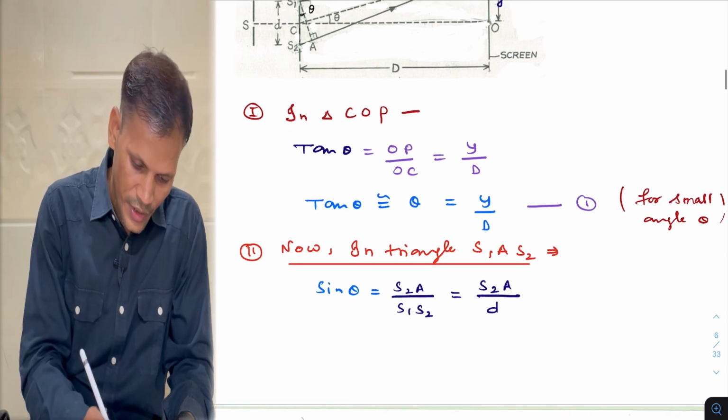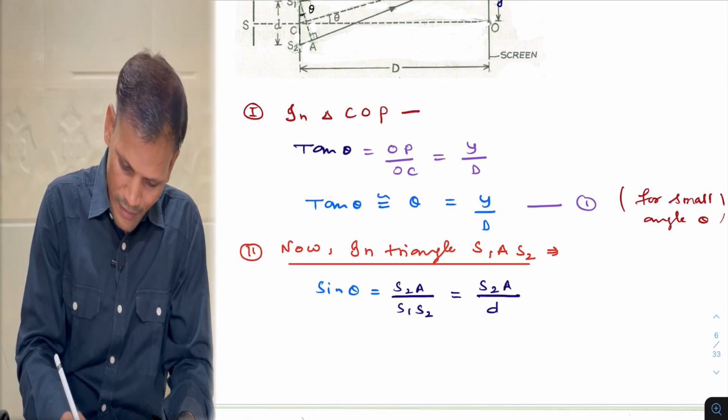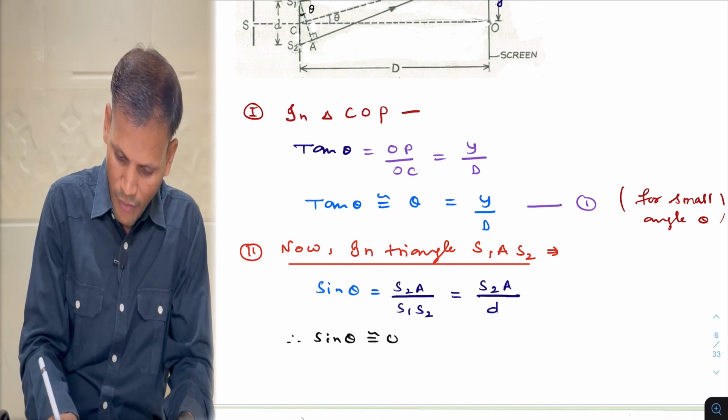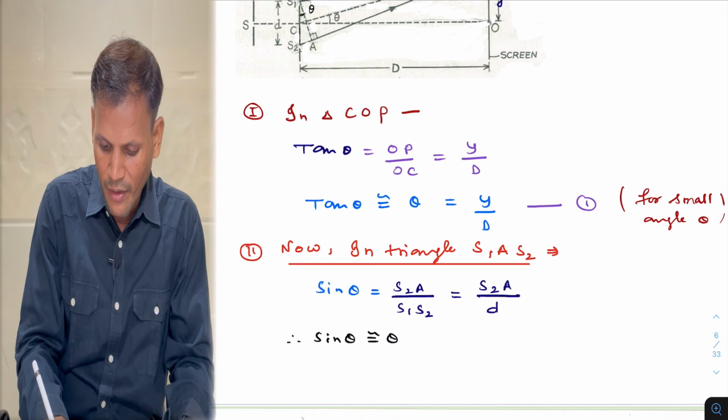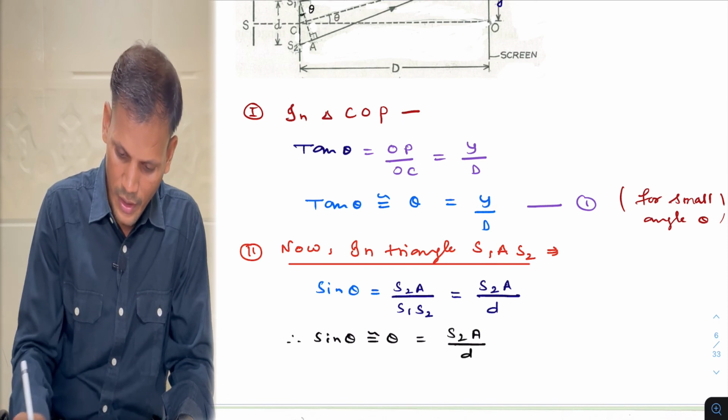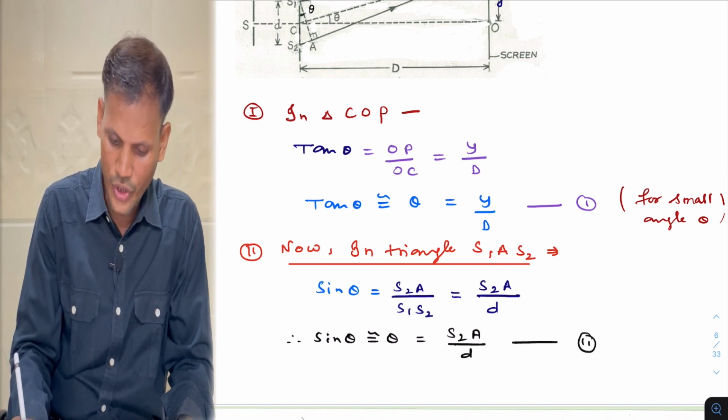So sin theta is close to theta, again if theta is very small, and it will be S2A upon d. This I will take as equation 2.